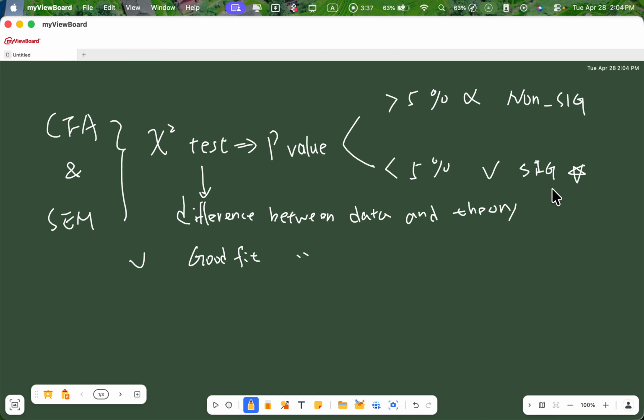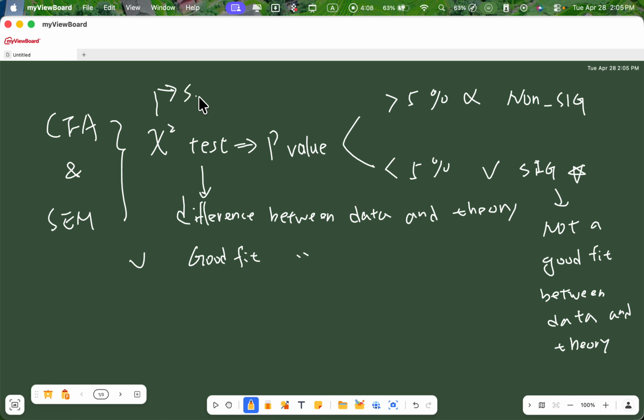So significant means not a good fit between your data and your theory. That's not a good fit. Why is it usually significant? Due to a very specific reason.